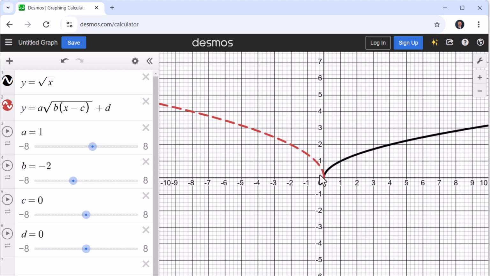Notice we have the key points 0, 0, negative 1/2, 1, negative 2, 2, as well as negative 4.5, 3. And now if we change c to positive 2, the graph is shifted right 2 units, which does verify our graph is correct. We have 2, 0, 3/2, 1, 0, 2, and negative 5/2, 3.